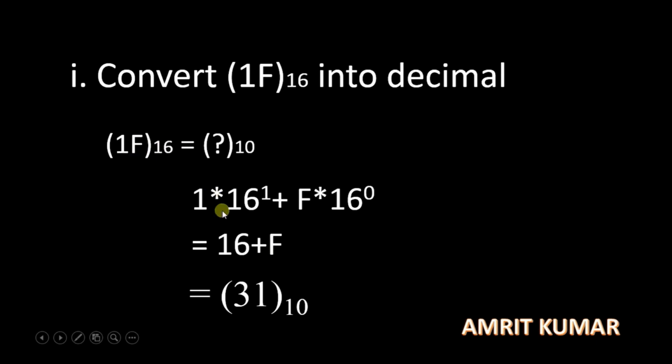This value is F, and I have to multiply it with 16, whose power is the index of this value. The index of this value F is 0. The index number starts from 0.